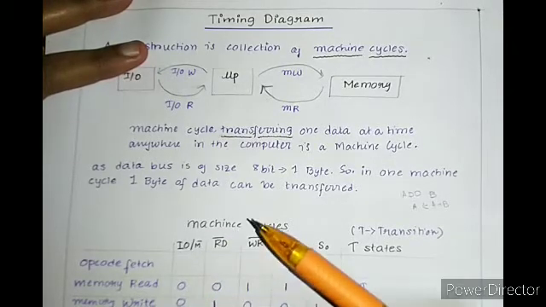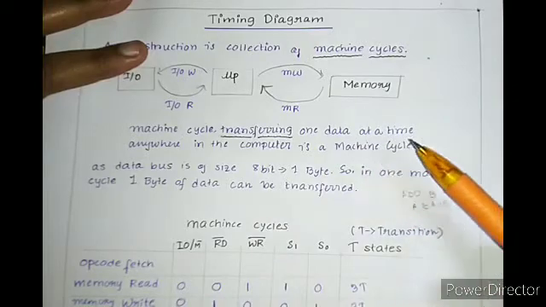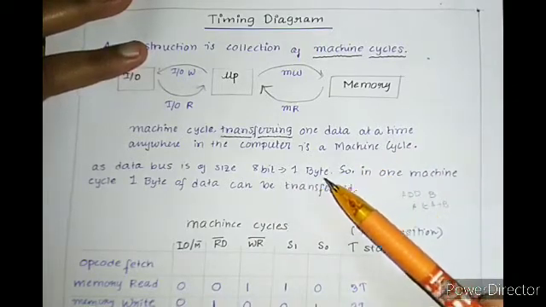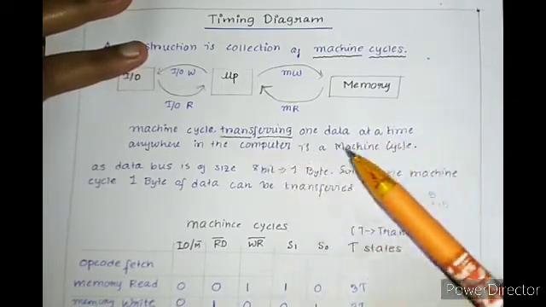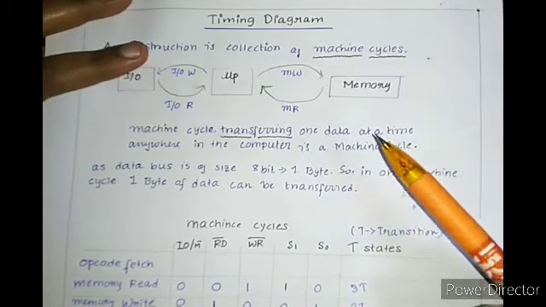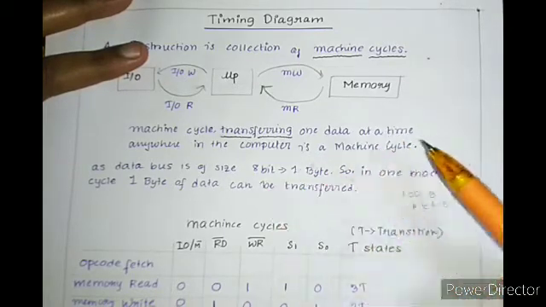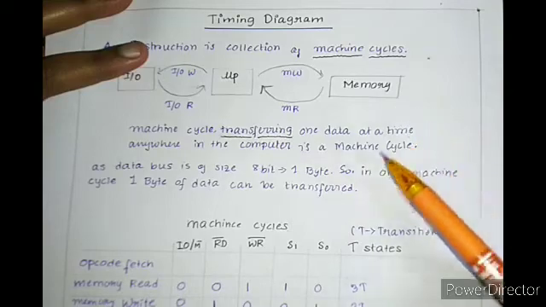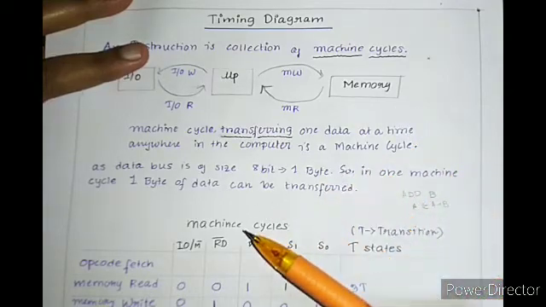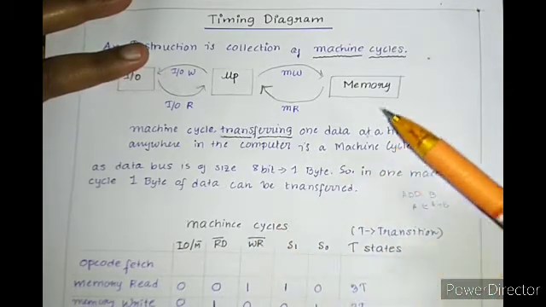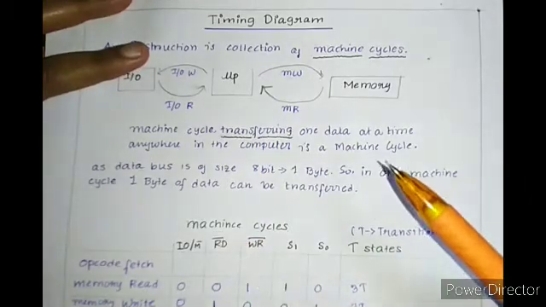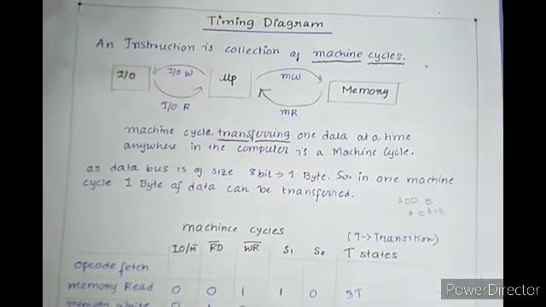A machine cycle is transferring one 8-bit data at a time. Whenever in your machine there is a transfer of 1 byte of data, this means one machine cycle has been performed. These were some basic terms that you should know before you learn timing diagrams.